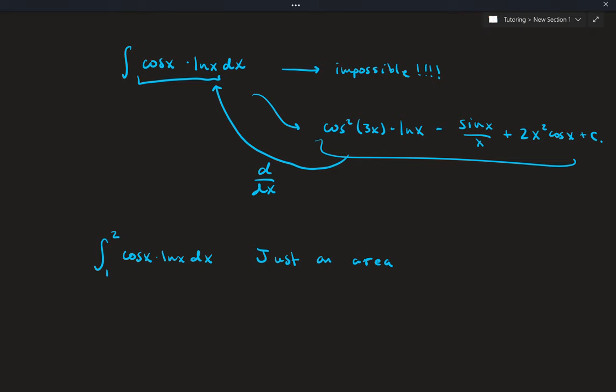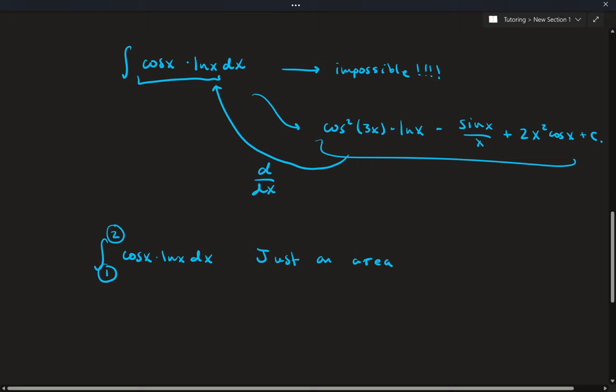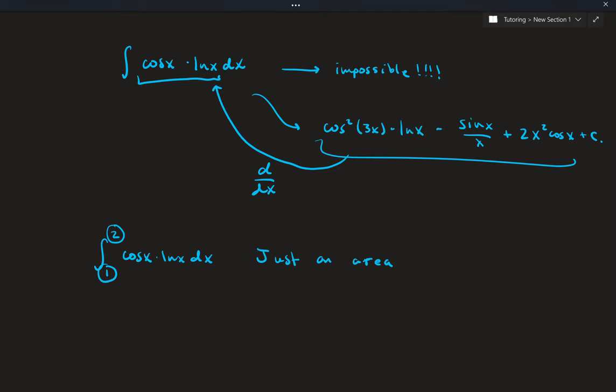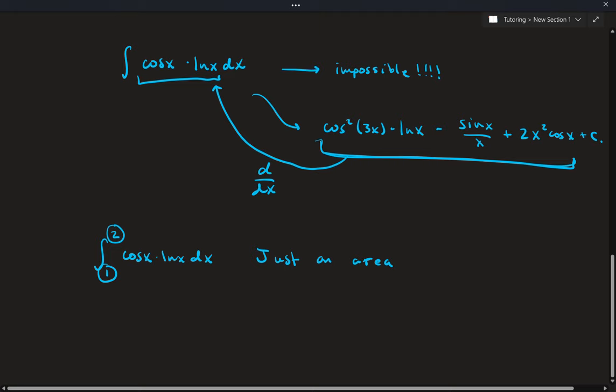You could ask Wolfram Alpha to give you an approximate answer to this integral, but you would never be able to find an antiderivative and then plug in 1 minus plug in 0 like you're used to. So some of these integrals, I'm not saying they're impossible as in there's no area. There is an area, but just no combination of easy functions will give you an antiderivative.